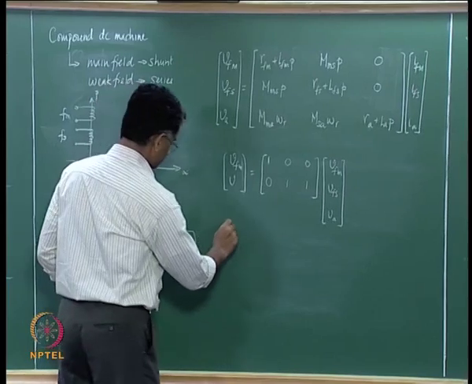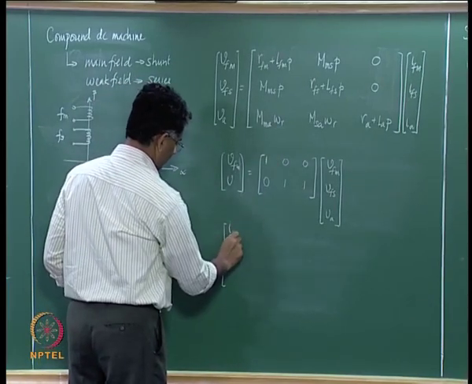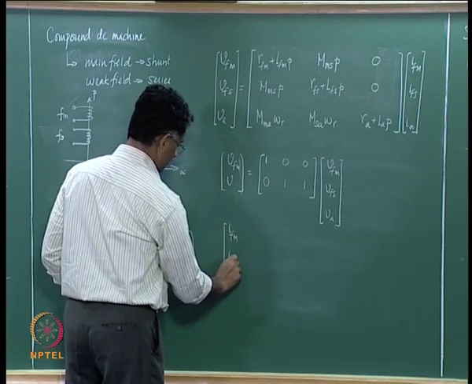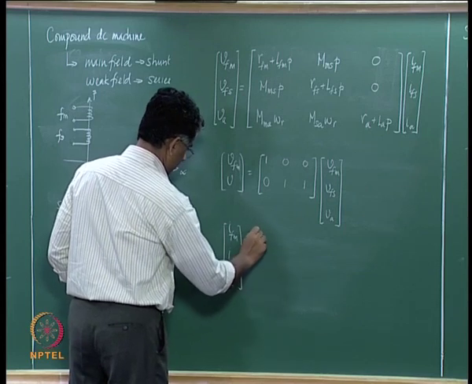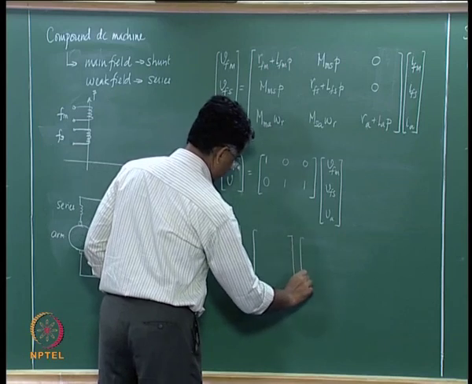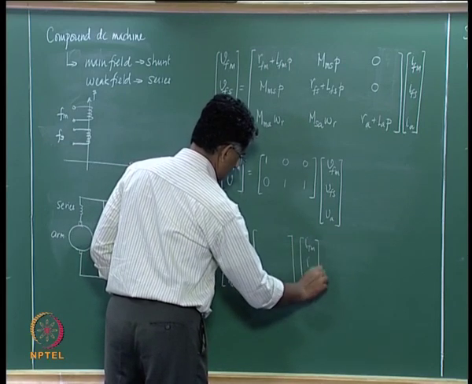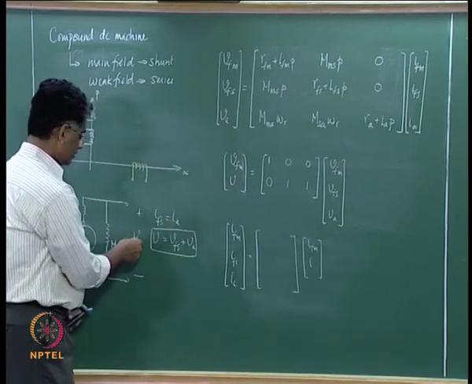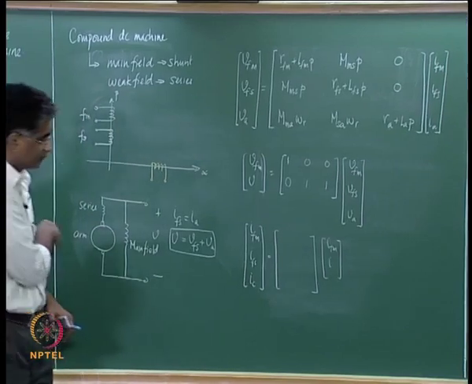Similarly, if you have that vector IFM, IFS and IA, this can now be written in terms of a vector comprising of IFM and I, where this I is the total current that is flowing into the armature circuit.